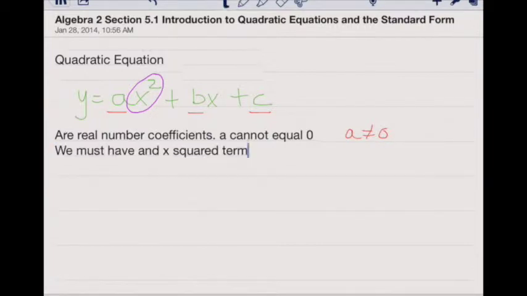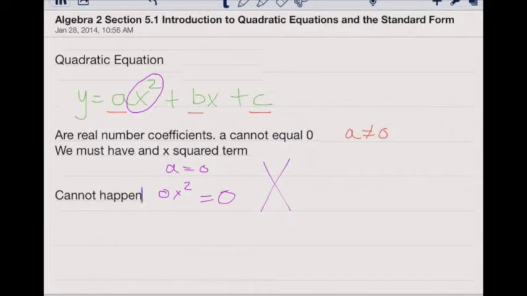So, if we had a equal to 0, we would have the following problem: 0x squared. 0 times anything will equal 0. So now we don't have any x squared term, not a quadratic. This is why this cannot happen. It's a big no-no.